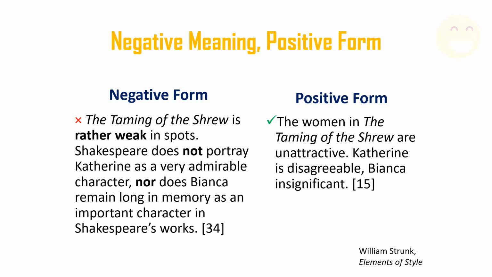In particular, I'm referring to phrases such as weak in spots, not admirable, not remaining long in memory. I hate to break it to you guys, but students love this type of general negation because they don't need to have a deep understanding of the topic at hand.